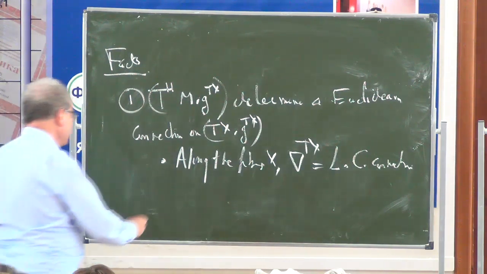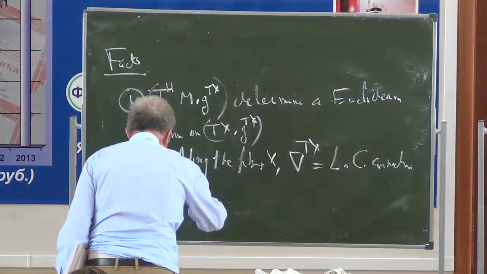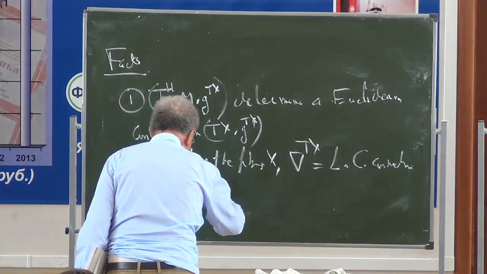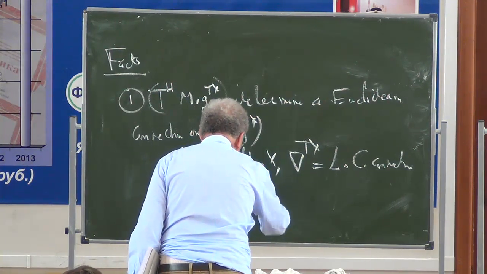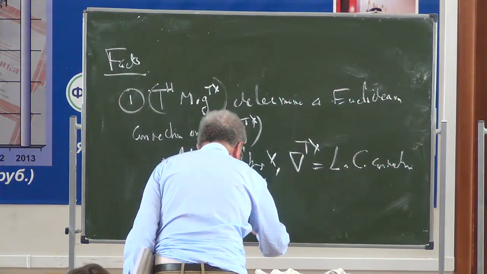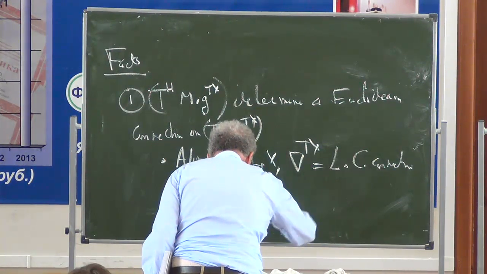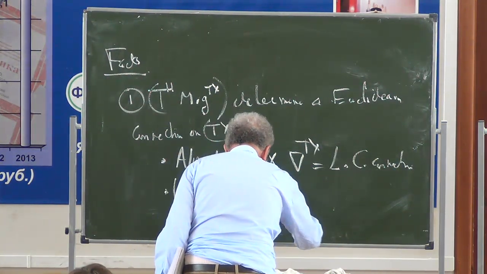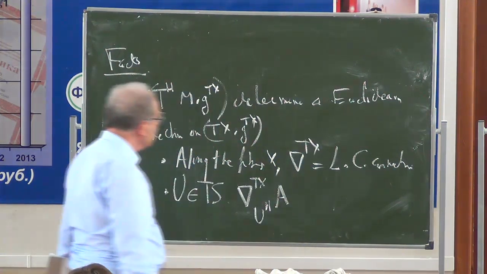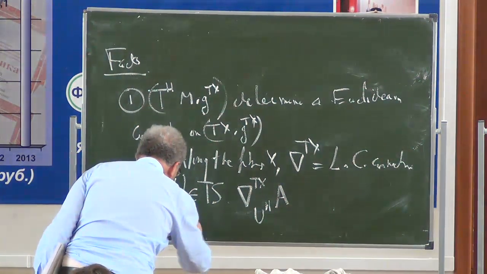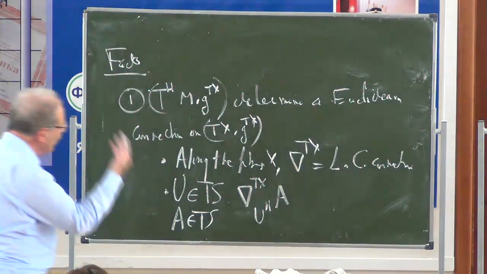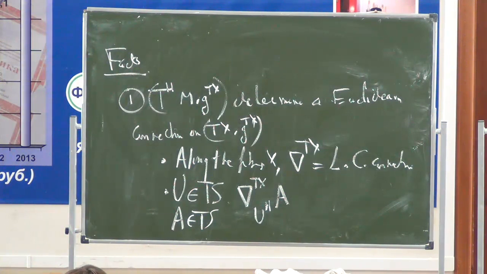Also, if U lies in TS, then nabla^TX_U of A, so I'm trying to differentiate sections of TX in the horizontal direction, I know how to differentiate them vertically, I just want to differentiate them horizontally.